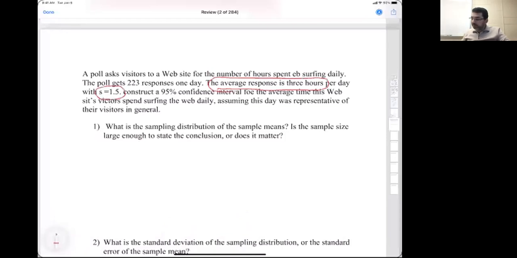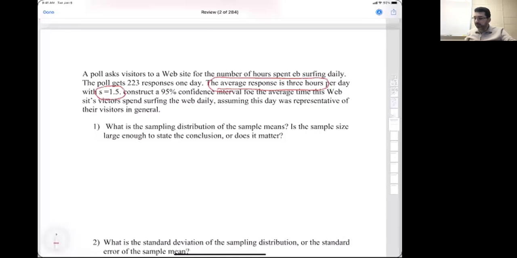We need to construct the 95% confidence interval for the average time this website's visitors spend surfing the web daily. Assume this day was representative of their visitors in general. So first of all, we have here the sampling distribution of the sample means.